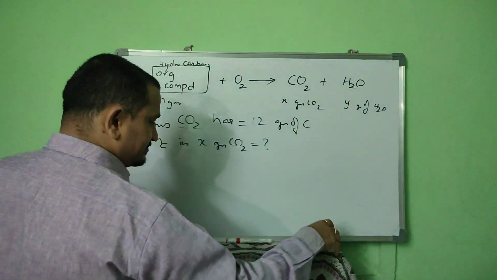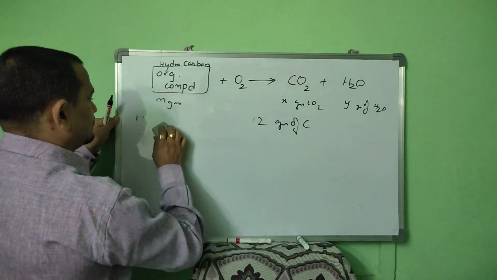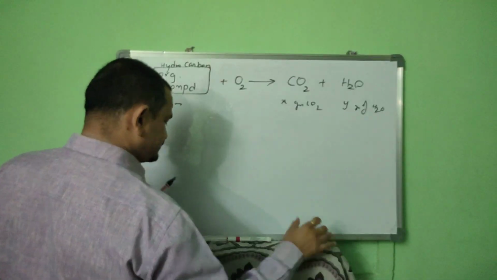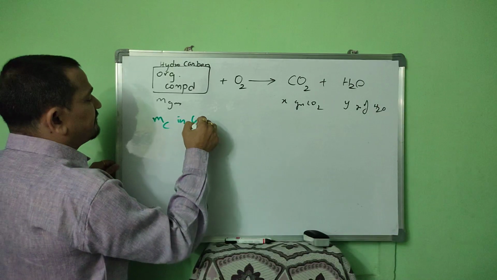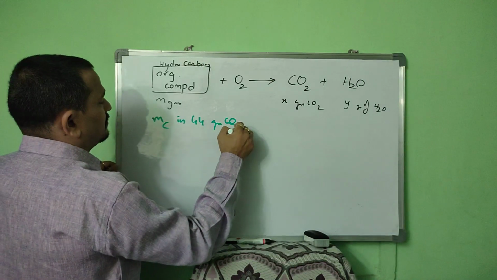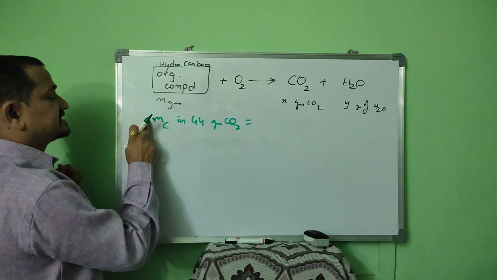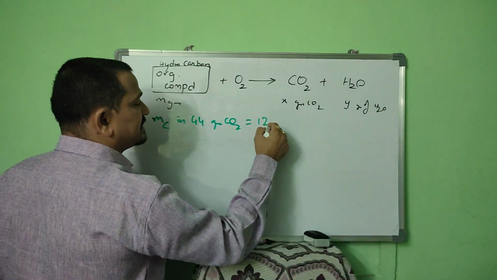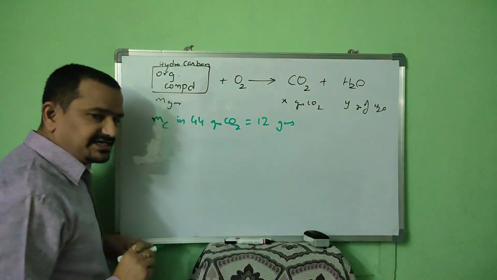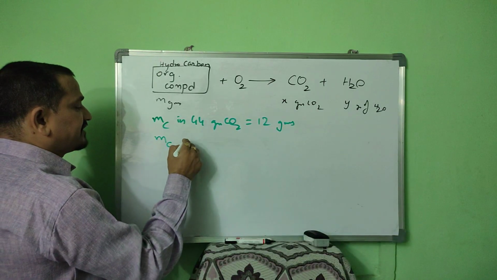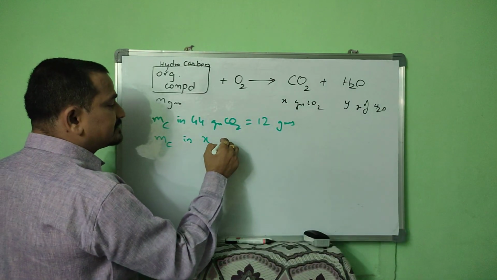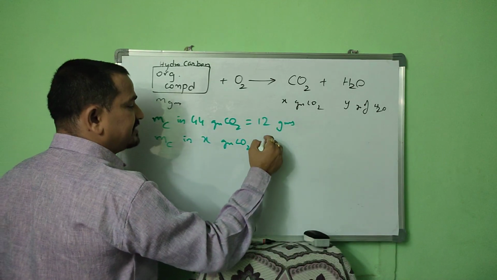I am repeating. Mass of carbon in 44 grams CO2 is equal to 12 grams, which means 44 grams has 12. Then the mass of carbon in x grams of CO2 obtained in our experiment is how many grams?